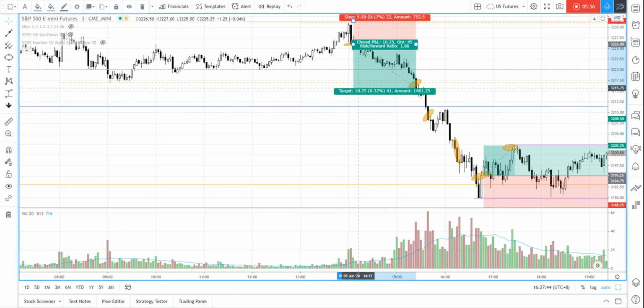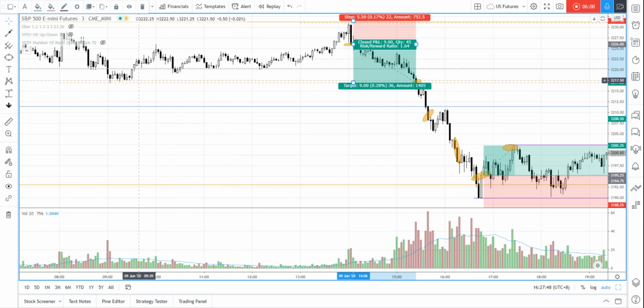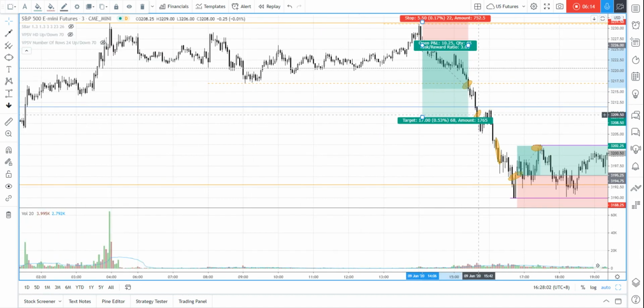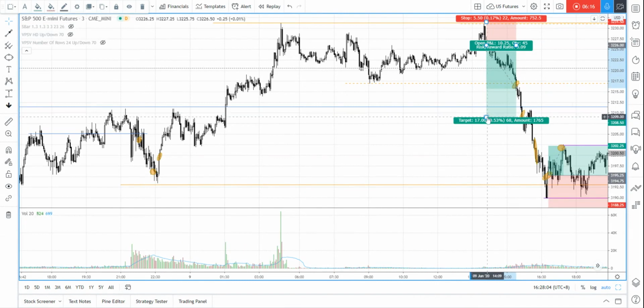I think the first target I took profit at was this level. That's the swing low. I just took partial profit, about 50%, and exited my positions. And subsequently, I just trailed the rest of the positions to, I think, here. Okay, yeah, this is around 3210.